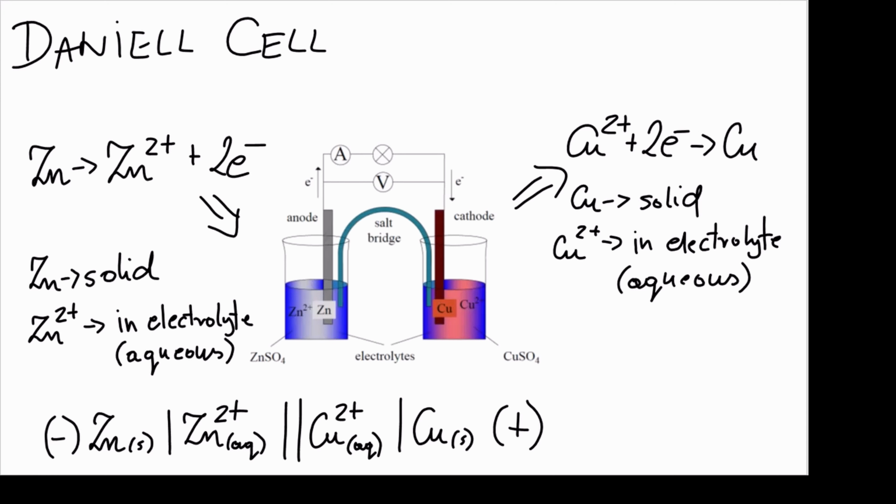What about the cathode? The same situation. We have a copper metallic bar immersed in an aqueous electrolyte solution containing copper cations. It could be an aqueous solution of copper sulfate. In the anode, we have, for example, zinc sulfate.